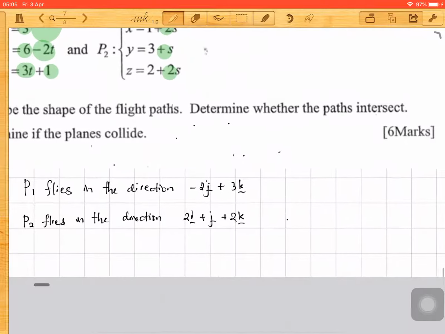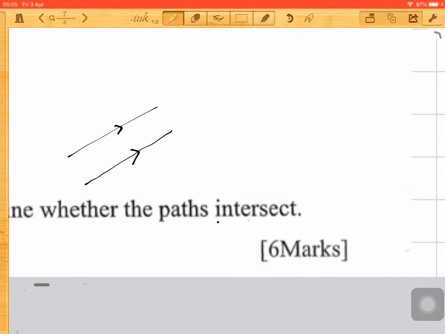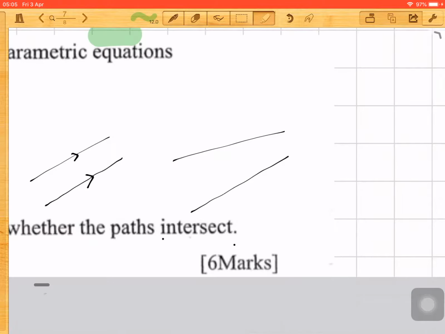Then they ask, determine whether the paths intersect. To understand this, you have to understand that if two paths are parallel to each other, they will never intersect each other no matter when. But if the two paths are not parallel, they might not intersect right now, but they will in the future at one point.